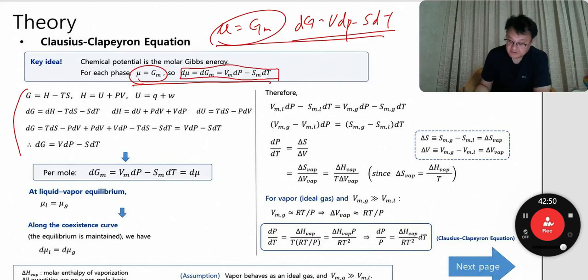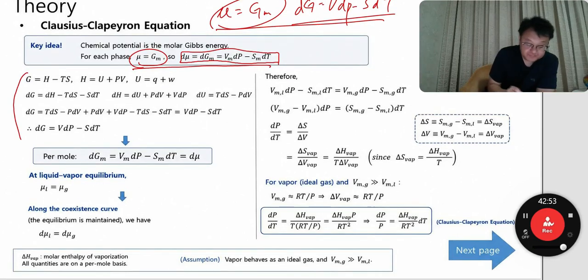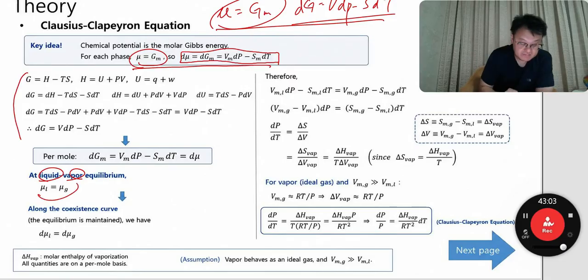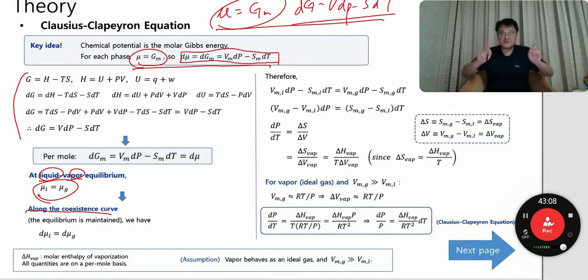Now, in liquid-vapor equilibrium, I already mentioned that the chemical potential of liquid and the chemical potential of vapor should be the same. Along the coexistence curve, as long as the equilibrium is maintained, when there is an infinitesimal change of the chemical potential of liquid, the same amount of change should also be considered for the gas phase.